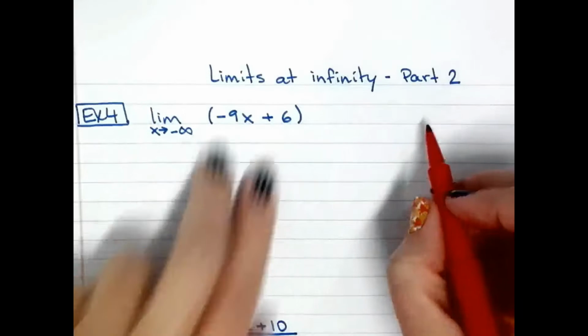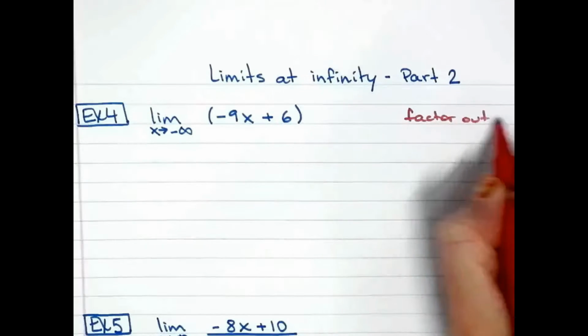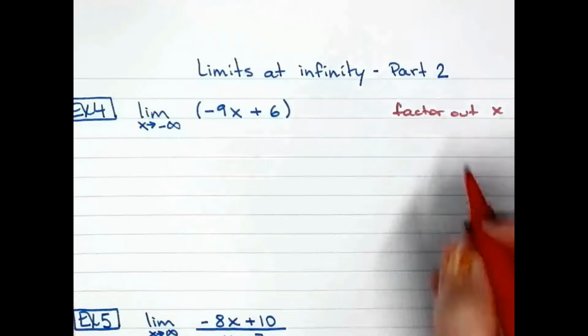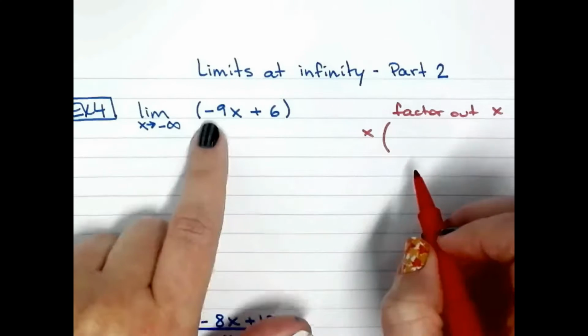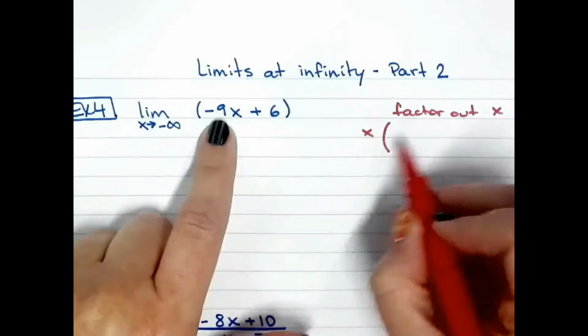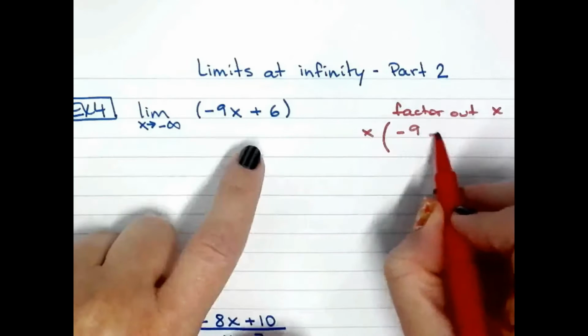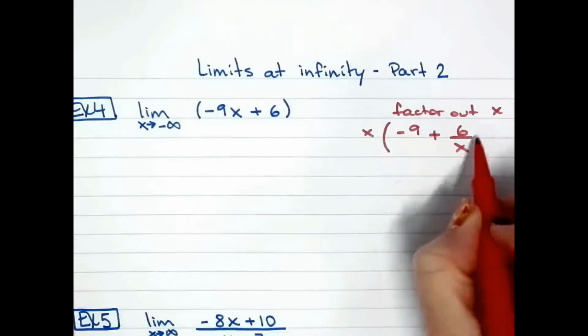So before we do anything, I need to factor out x. What does that mean? Well, if I have x right here, factoring it out means I have this term, -9x, divided by x. That gives me -9, plus 6 divided by x is 6 over x.